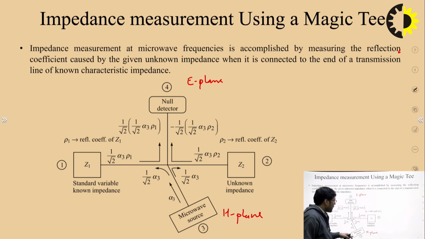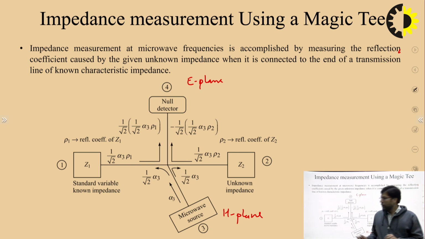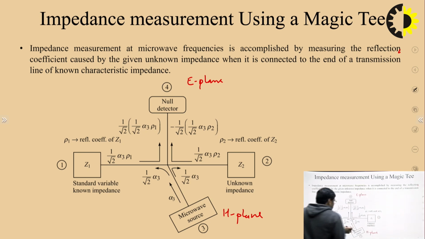So first you have to apply the source, apply the power with the help of the microwave source. You know this magic T acts as a power divider, and you know the scattering parameter of the magic T as well. So here this alpha 3 is divided equally in these two ports.